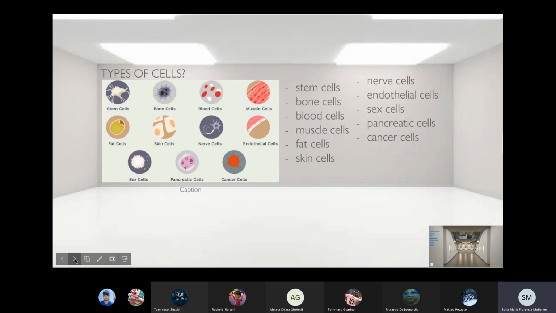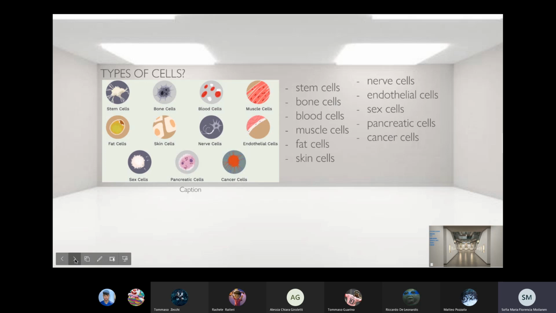Then there are the bone cells, which are divided into three types, which are the osteoclasts, which are the ones that dissolve the bone. Then there are the osteoblasts, which are the ones that form new bones, and then there are the osteocytes, which are surrounded by bones and help communicate with other bone cells for their needs.